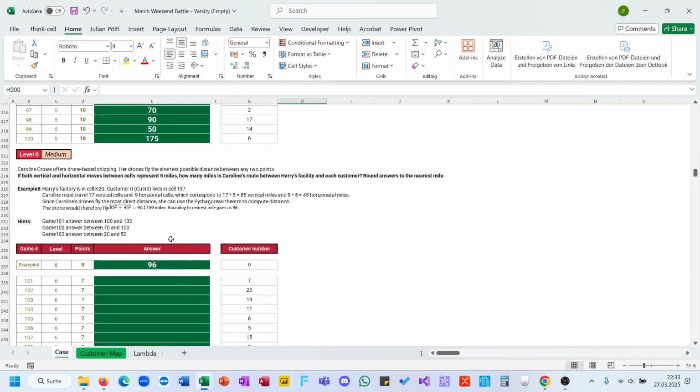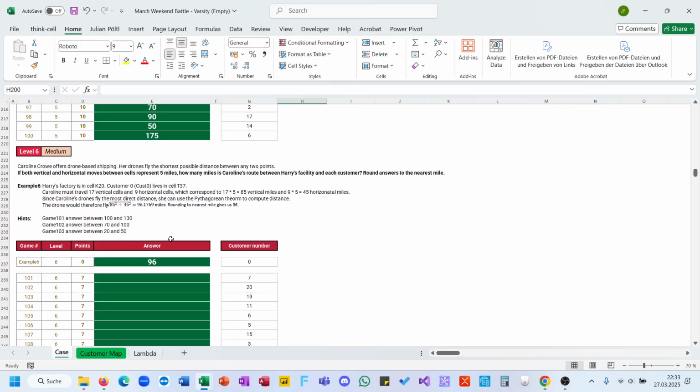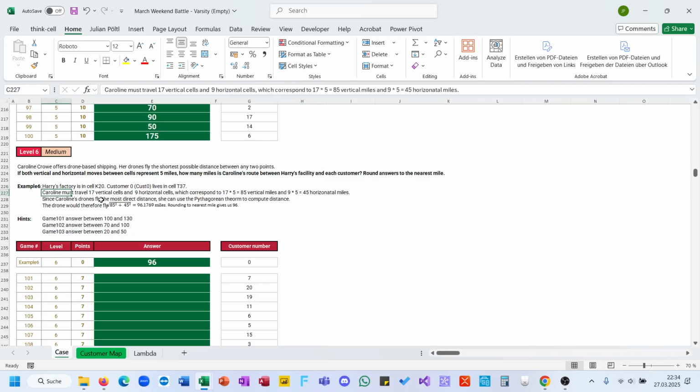Medium. Okay, it is 1745 miles, Pythagorean distance.